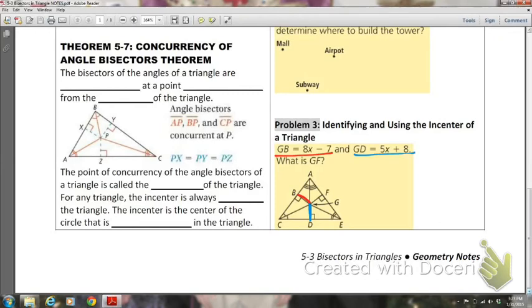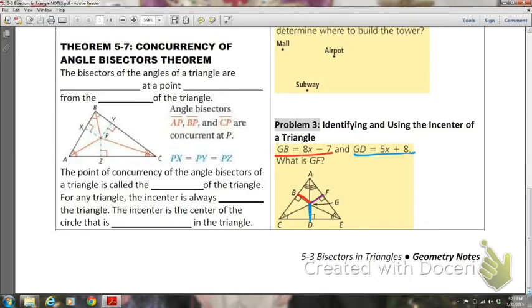And so the question is, what is the length of GF? By definition, we can see that these are angle bisectors because of the congruence markings marked on the angles in the triangle. These are angle bisectors that are meeting at an incenter.